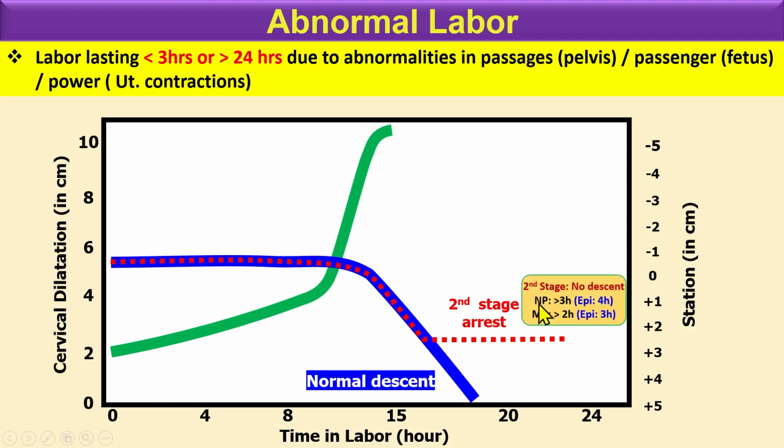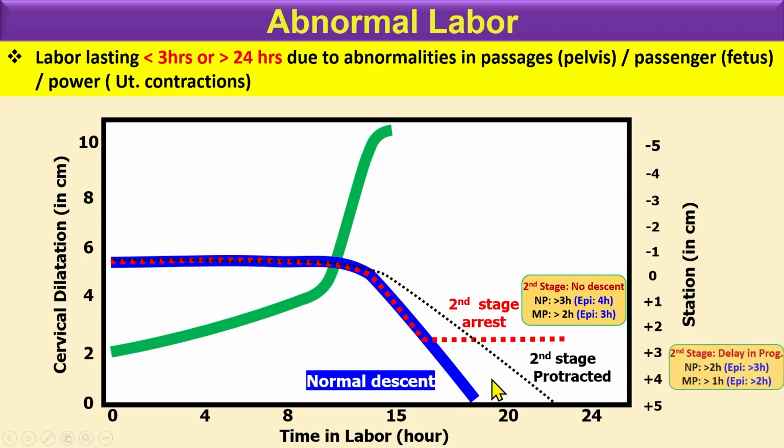So this is the second stage arrest, when there is no descent for more than 3 hours in the nullipara and more than 2 hours in the multipara, but add one more hour if epidural anesthesia has been given, in the nullipara as well as in the multipara. Now look at the slow progress of the second stage. Although there is descent, it is slower than normal.